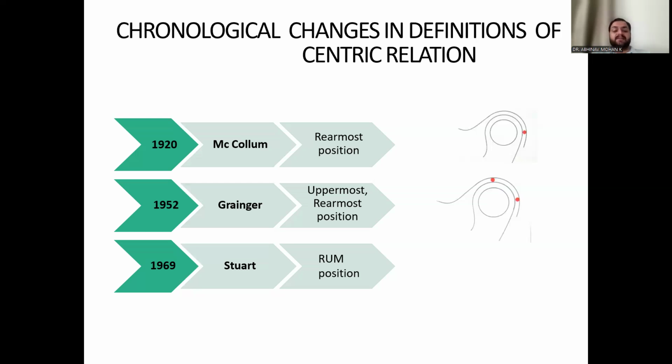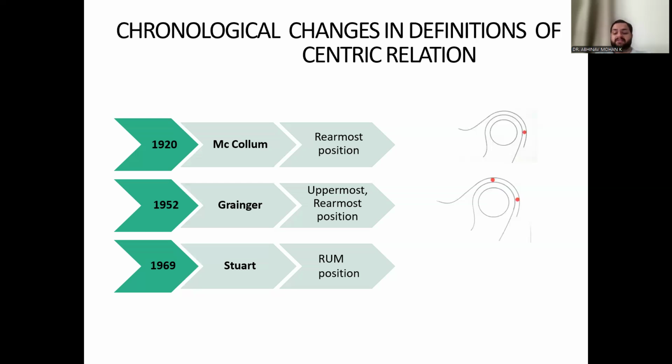Later, in 1952, Granger modified it through his findings, considering it the uppermost and rearmost position. Later, Stuart in 1969 gave the concept of RUM, where he considered it the rearmost, uppermost, and midmost position. With this, we can see the varying definitions or varying positions of centric relation over years of research.